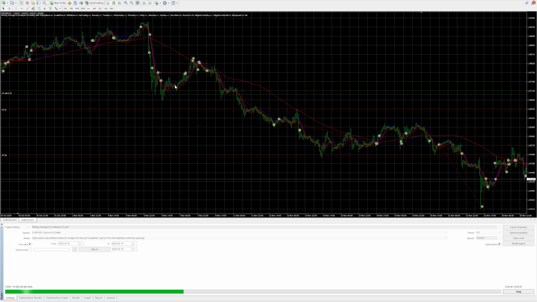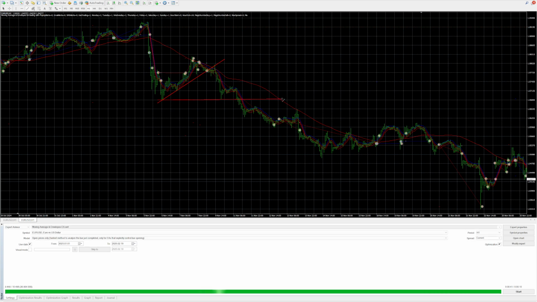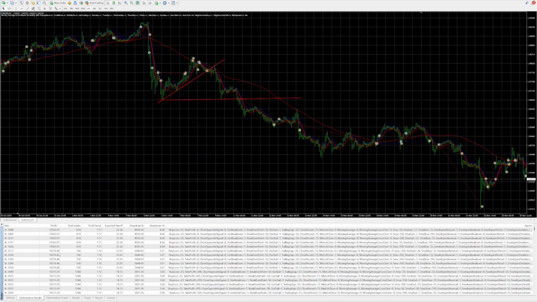Probably want the deviations wider than that. Potential signal to either trade on the reversal or even the breakout, to break out of a channel there, or if you're just more traditional and you want to see support, breakout, support becomes resistance, continuation. So let's see these optimization results.